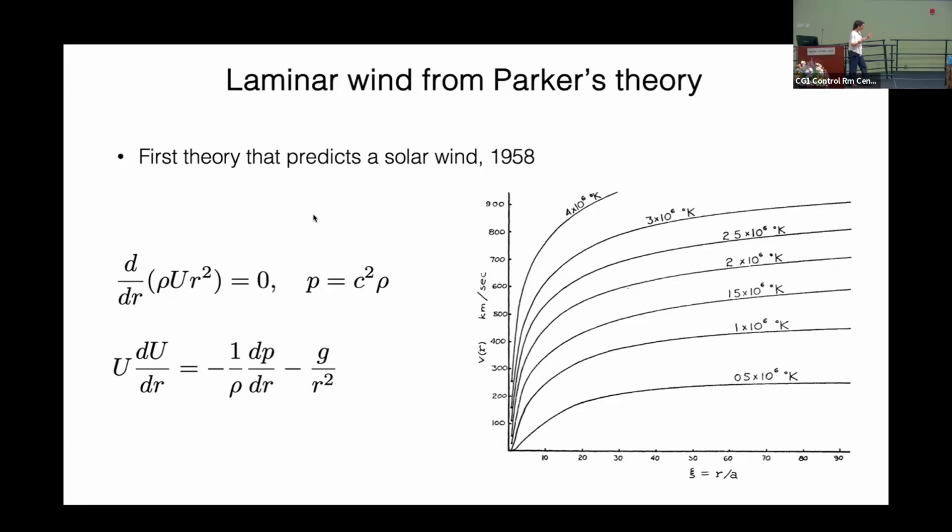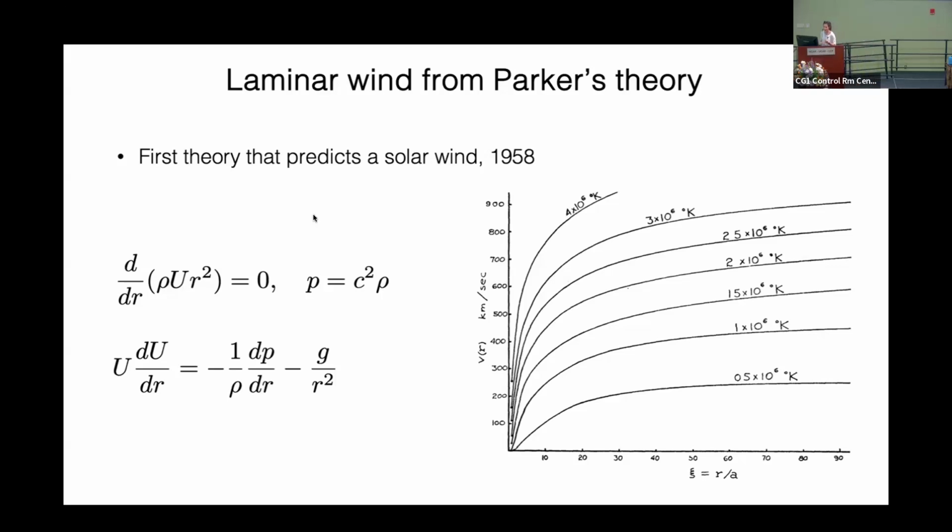Although there was still a controversy on whether the solar wind existed or not, 1 year after, the solar wind was measured, which confirmed the existence of the solar wind, like Parker has said. So good. Now this theory is beautiful in its simplicity. However, it fails to explain a few important things.